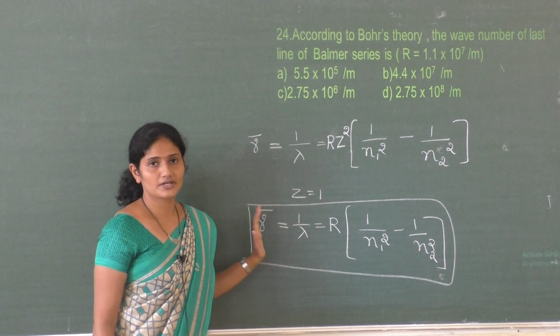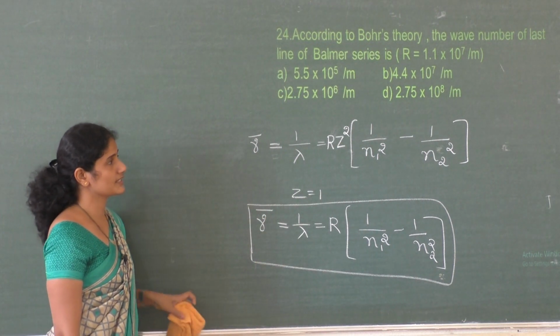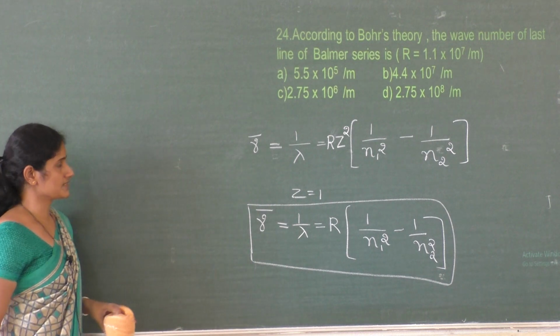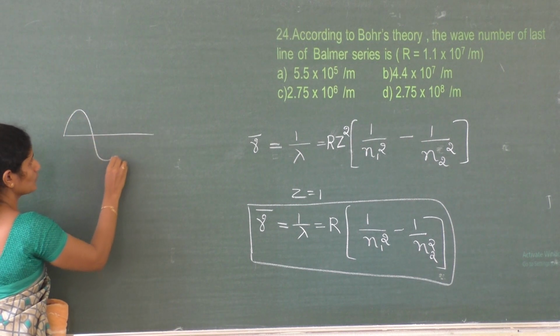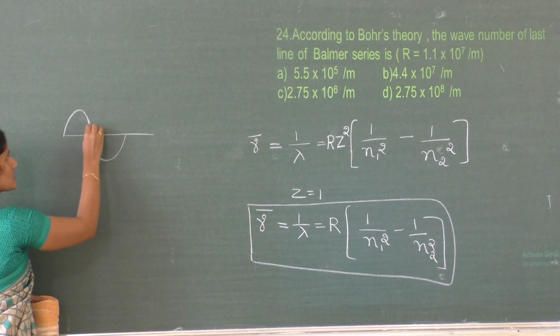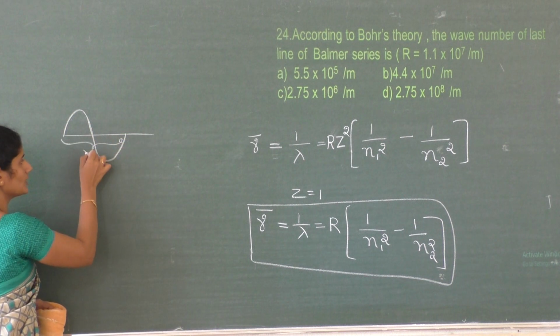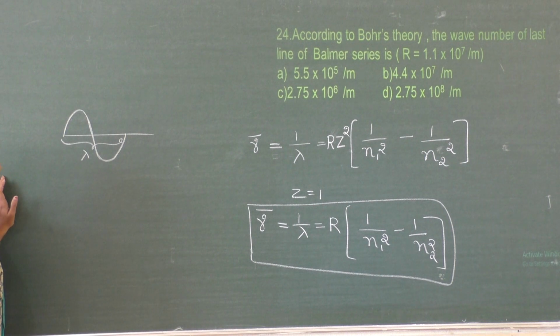What is wave number? What is the definition of wave number? Wave number means it is the number of wavelengths in unit distance. Wavelength is the length of one wave. So this is one wave. The length of one wave is called wavelength and it is denoted by lambda, as you all know.